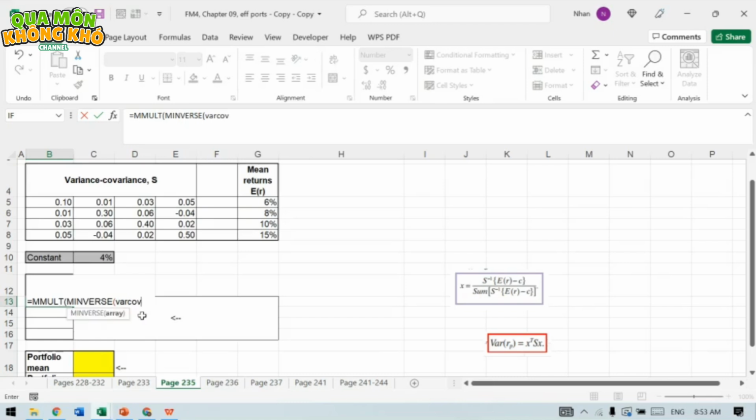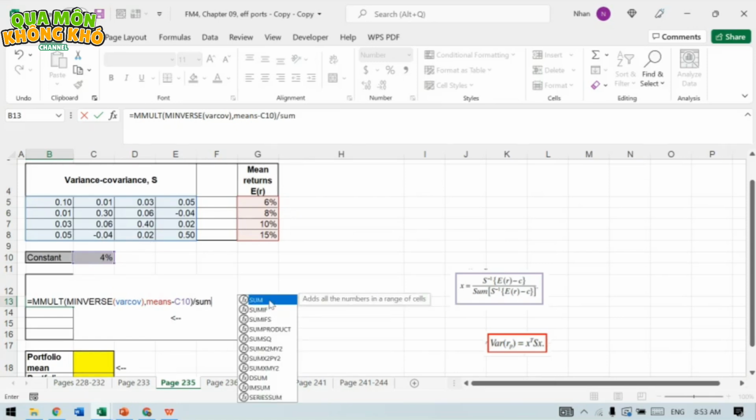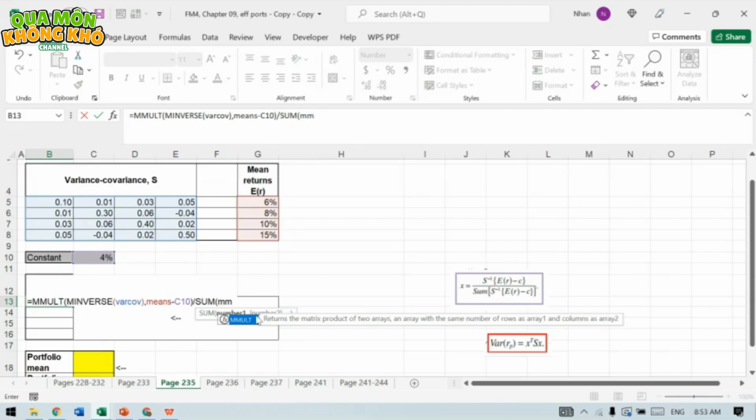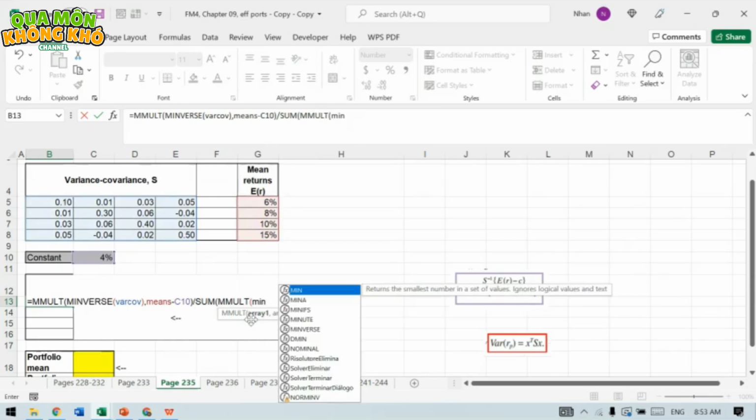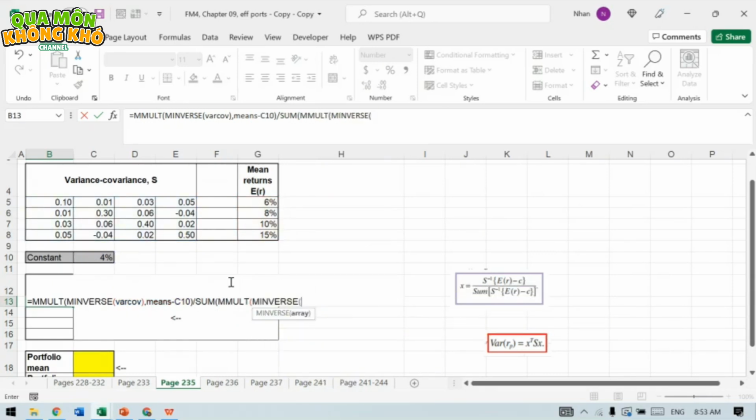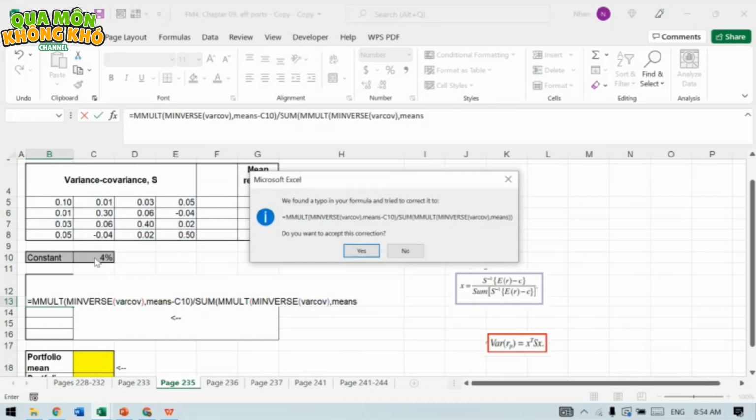So I have here means minus the constant, and the sum of the inverse of var cov, and then the mean minus the constant.